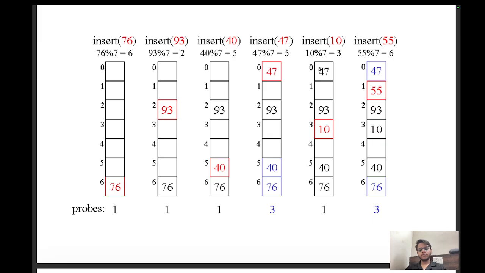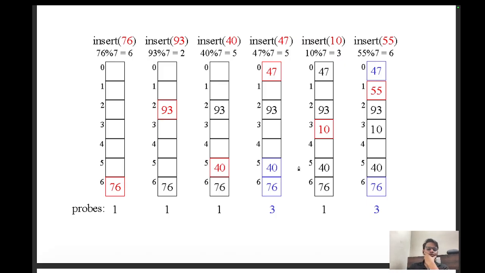So what we have done is that we have been linearly probing, linearly searching for a place where there is no element present in the hash table, and we are just placing our element at that place if we have any collision.